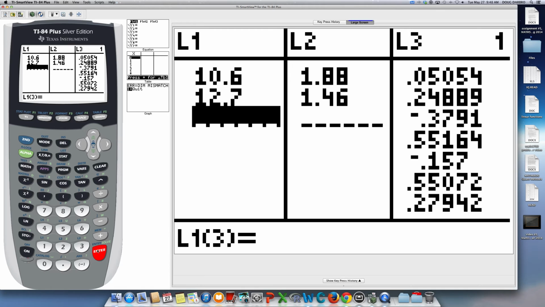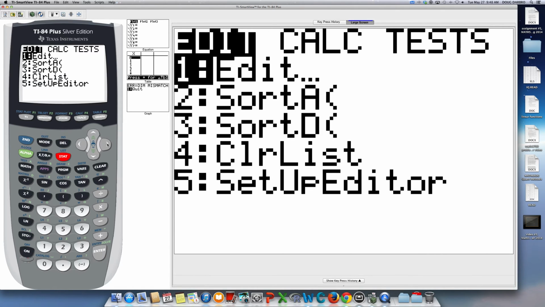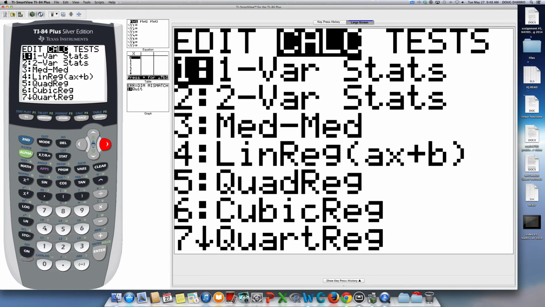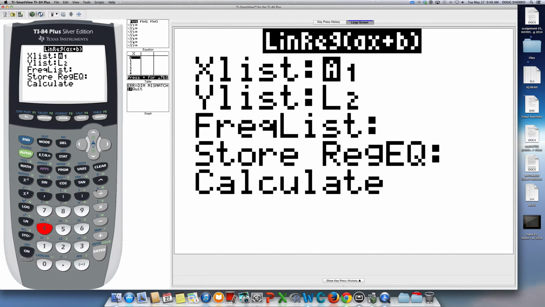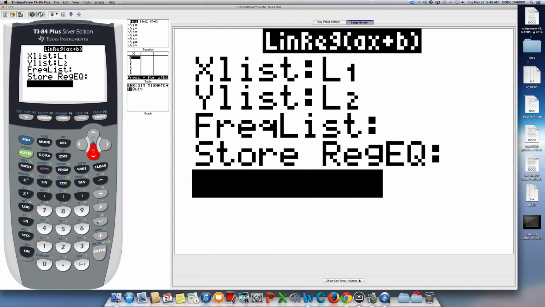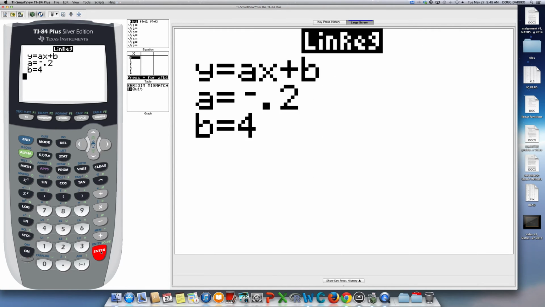Okay, same thing, stat, calc, number 4, and come all the way down to calculate. So our demand function is actually not going to be that crazy either. We're going to have our demand function P equals negative 0.2x plus 4.